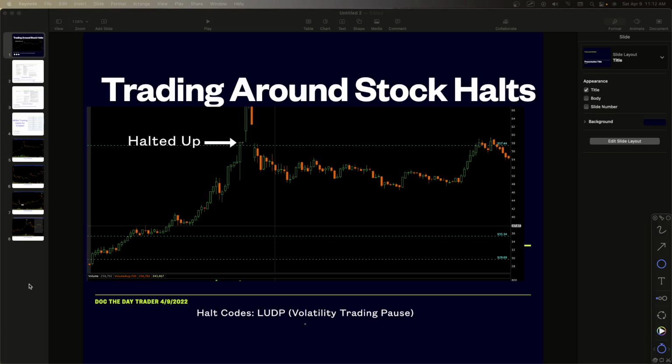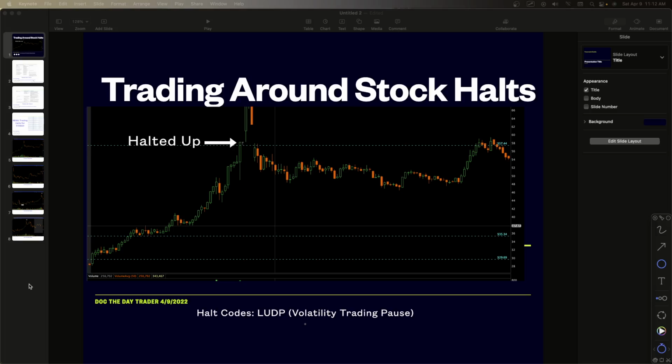Sometimes traders think, oh, somebody knows something. But when the company formally says there's nothing going on, that stock could resume and gap down, because some of those traders thought somebody knew something. So you want to be careful of getting caught in that type of halt.